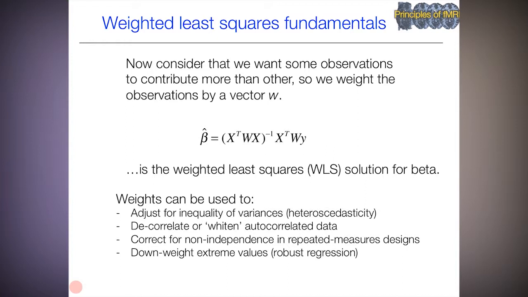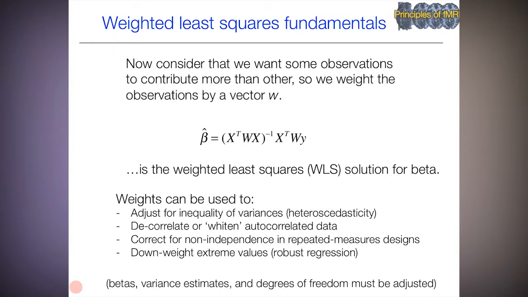Third, it can correct for non-independence in repeated measures designs. So if you're sampling the same observations at time 1, time 2, time 3, there's some correlated structure, and that can be estimated and controlled for in this way. And finally, the subject of today's lecture, it can be used to downweight extreme values or potential outliers in robust regression.